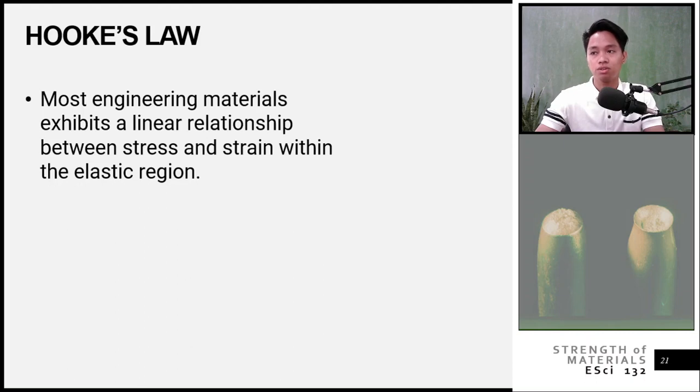That is true within the elastic region of the material. Based on the diagram, typical for steel, since steel is what we used for the stress strain diagram, we have two major regions. We have your elastic region and we also have your plastic region.